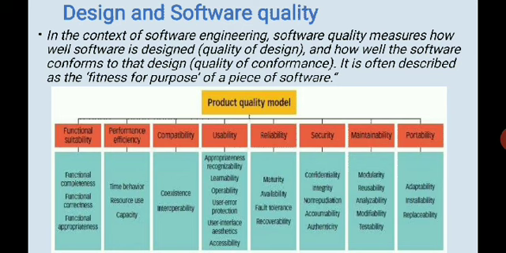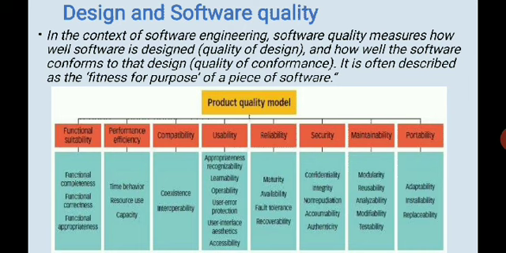Usability deals with appropriateness recognizability, learnability, operability, user error protection, user interface aesthetics, and accessibility. Reliability deals with maturity, availability, fault tolerance, and recoverability. Security deals with confidentiality, right? And integrity, non-repudiation, accountability, and authenticity.